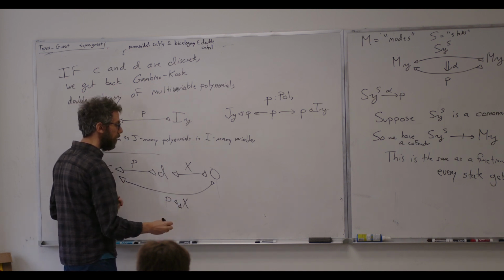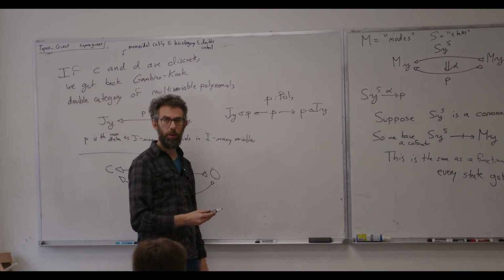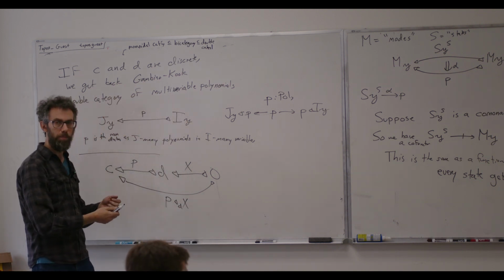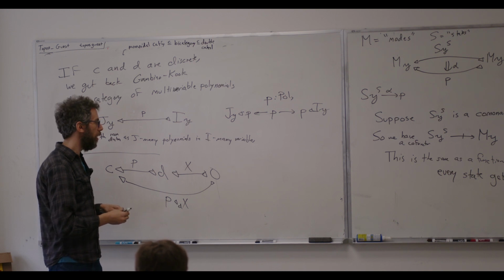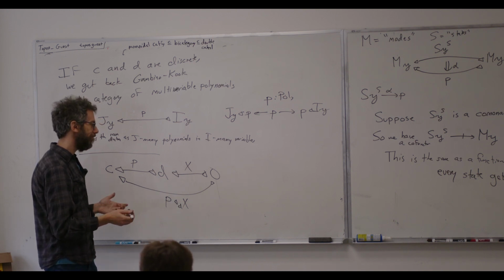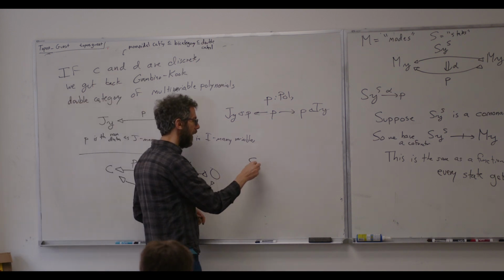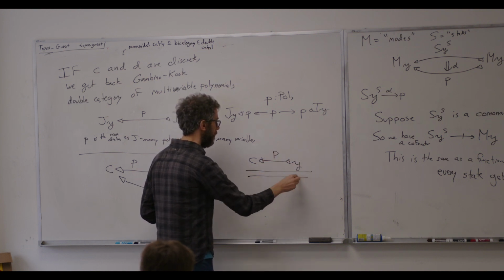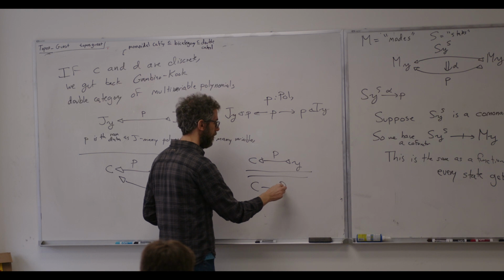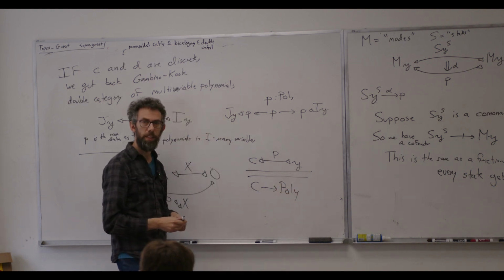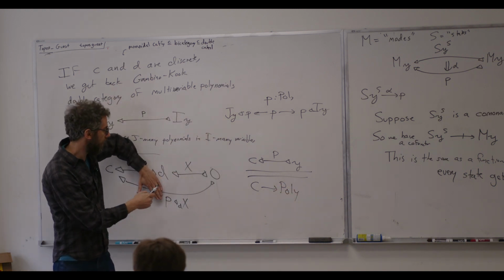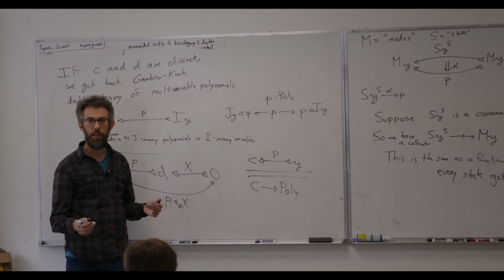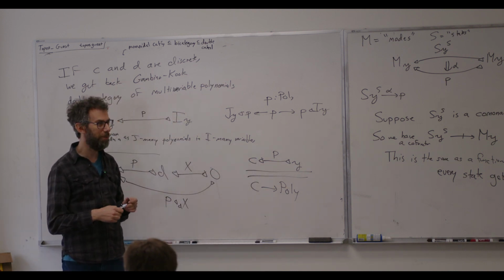I would talk about how equalizers come up, and how it migrates data. Maybe I would talk about how one of these is the same data as a functor from C to Poly instead of C to Set. So if one of these is a functor from D to Set, one of these is a functor from C to Poly. It's all sorts of weird, cool stuff.